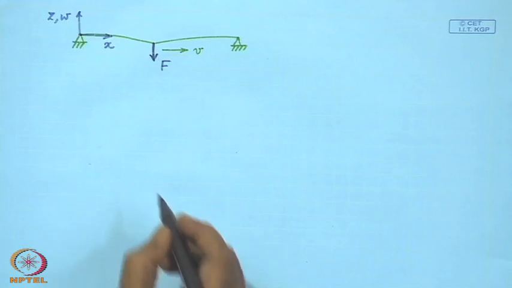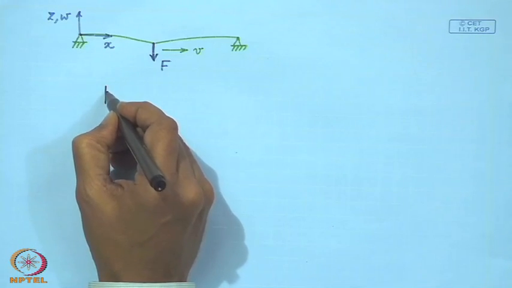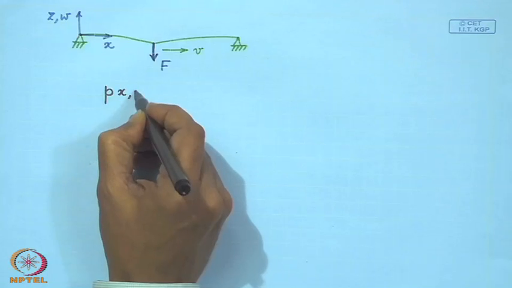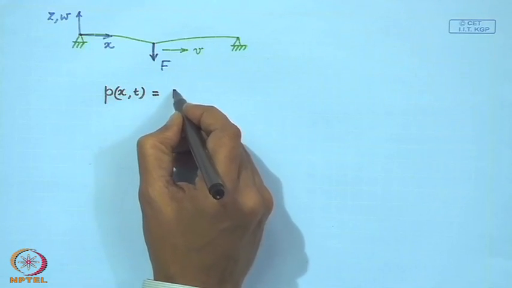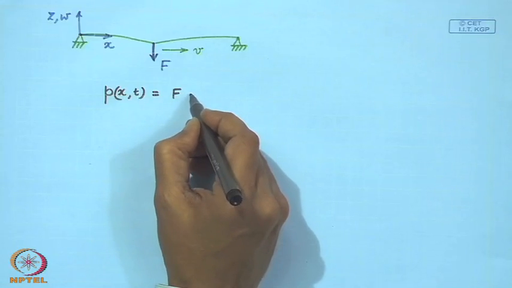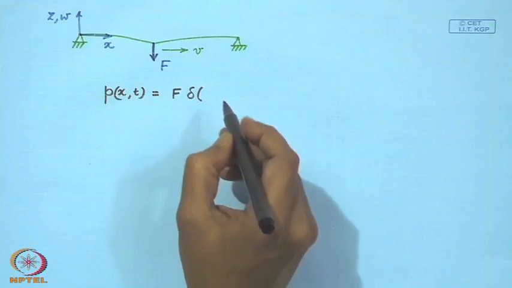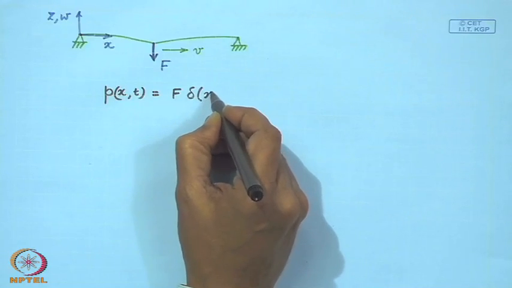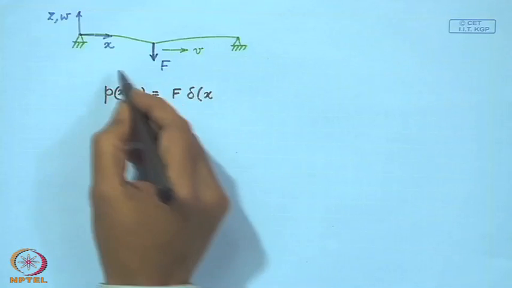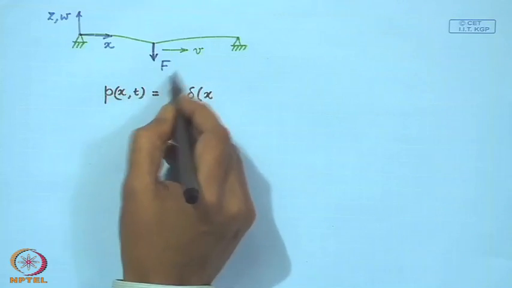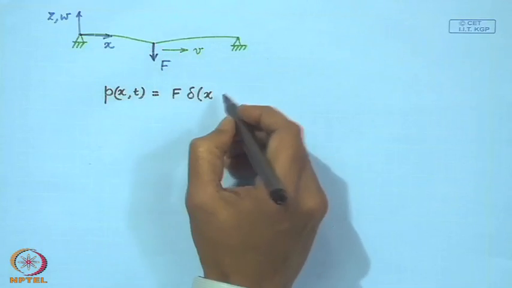So, this force again has to be represented as a distribution. A force distribution, which now using the Dirac delta function or distribution, you can very easily write this force distribution now on the string is F, which is the magnitude of the force, times the distribution, but this distribution is shifting.